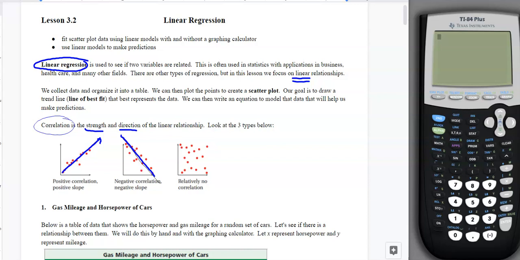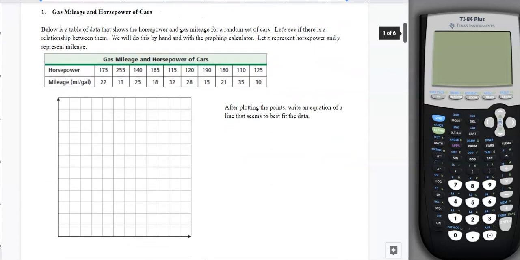So let's look at an example so we can sink our teeth into this and get rolling. Gas mileage and horsepower of cars. I found this data set that had some randomly selected cars that showed their horsepower and their gas mileage. Let's see if there's a relationship between gas mileage and horsepower.